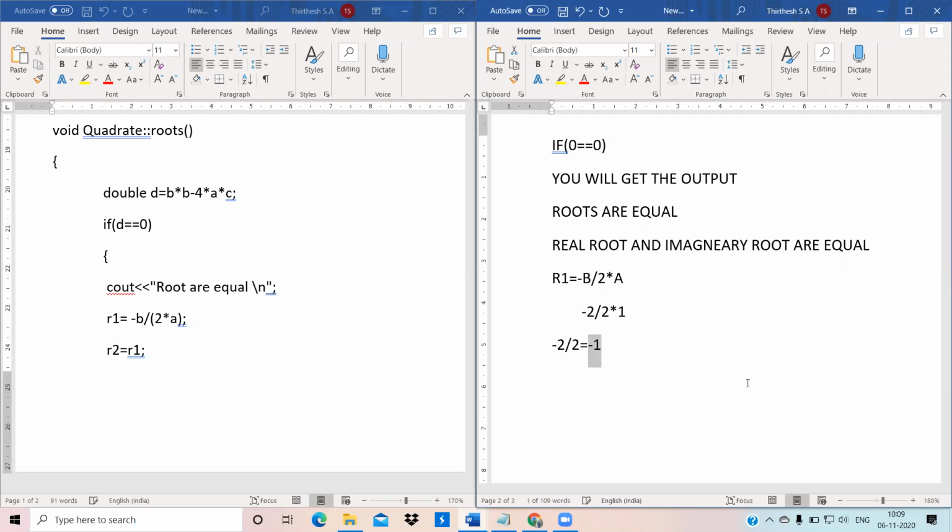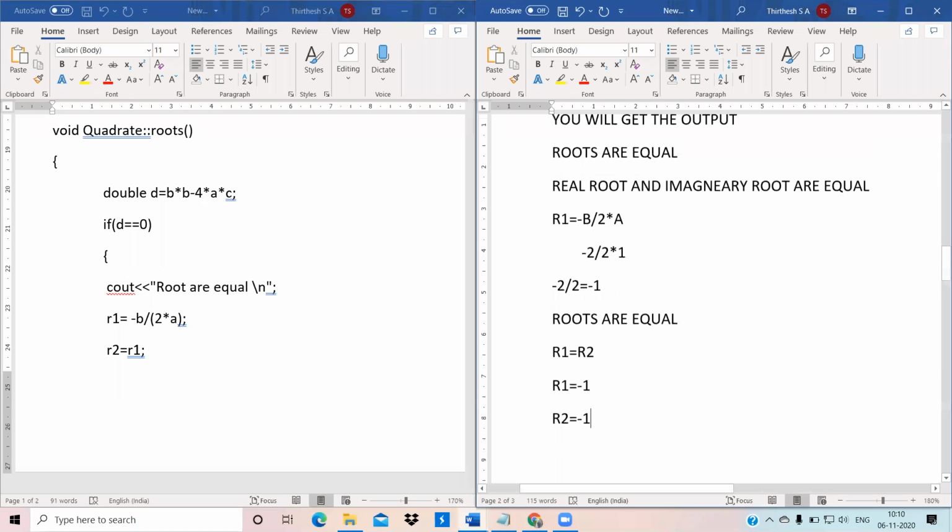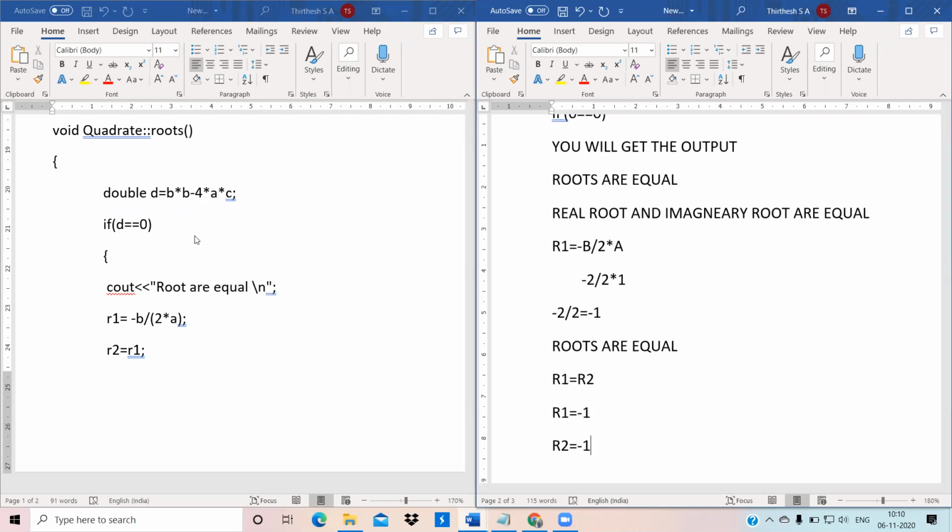So you get the output: roots are equal, R1 is equal to R2 is equal to minus 1. This is how you get the output if d is equal to 0.